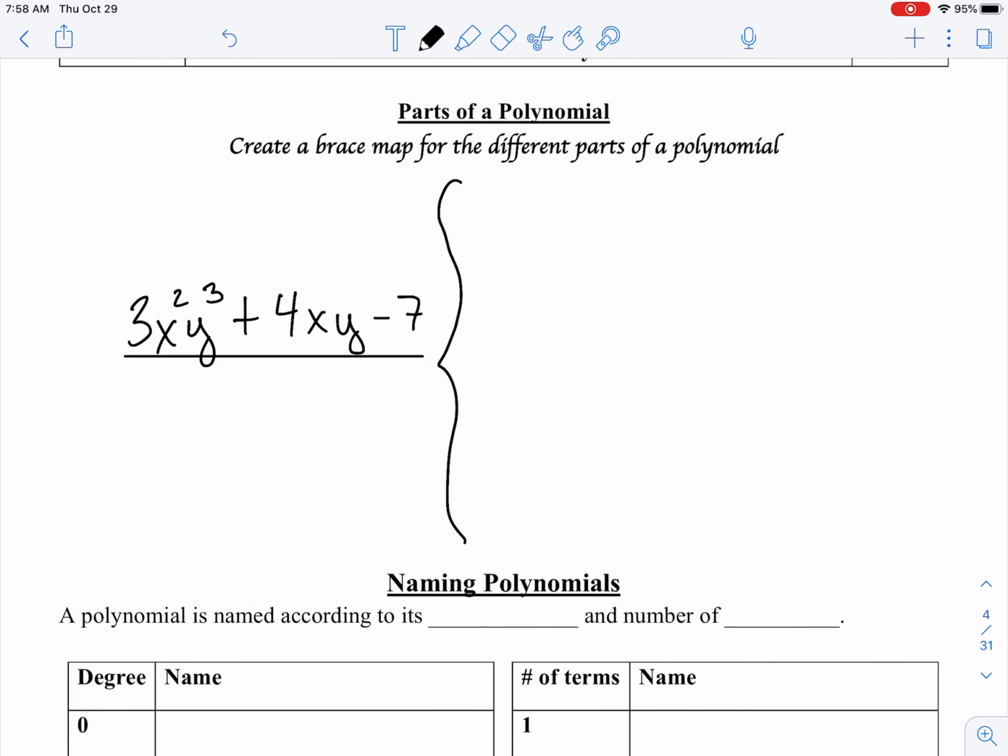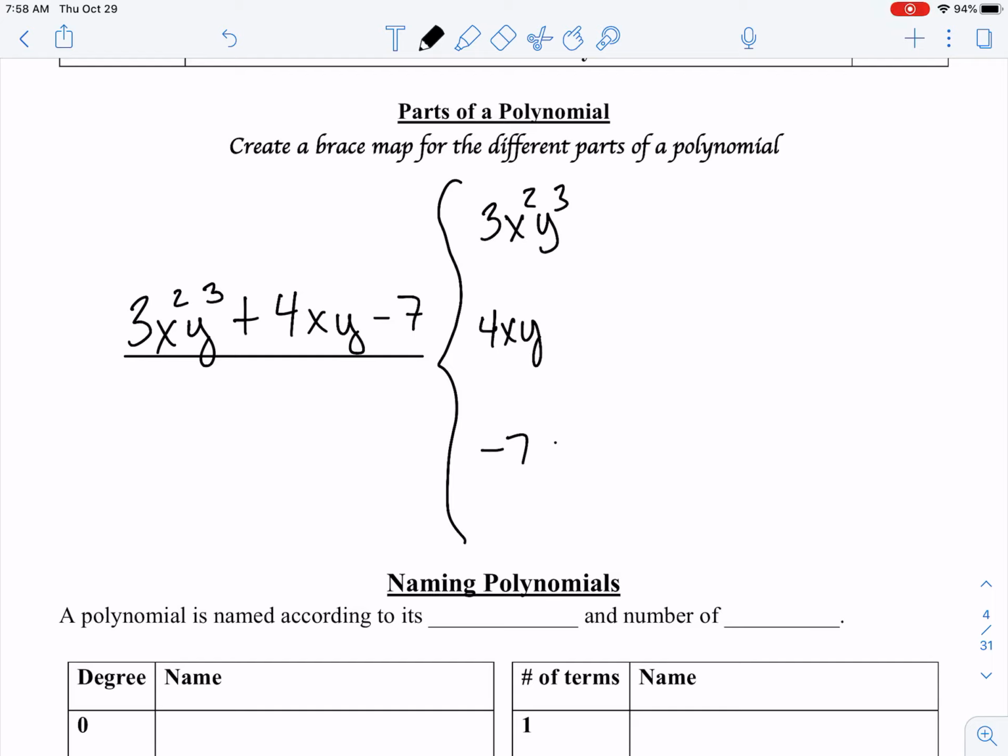You have your terms, which are separated by addition and subtraction signs. So I would say 3x squared y cubed, 4xy, and then minus 7.